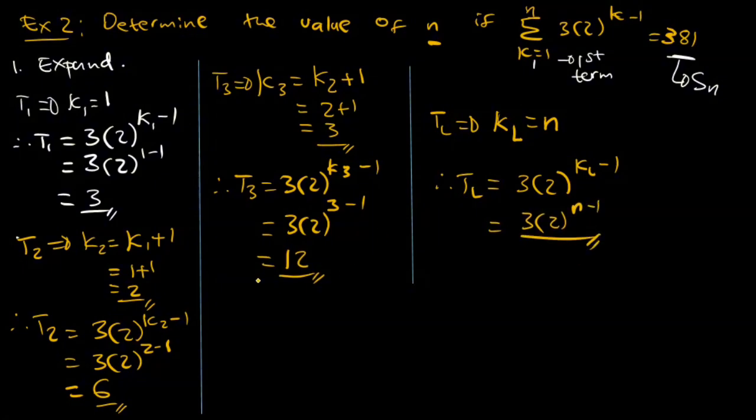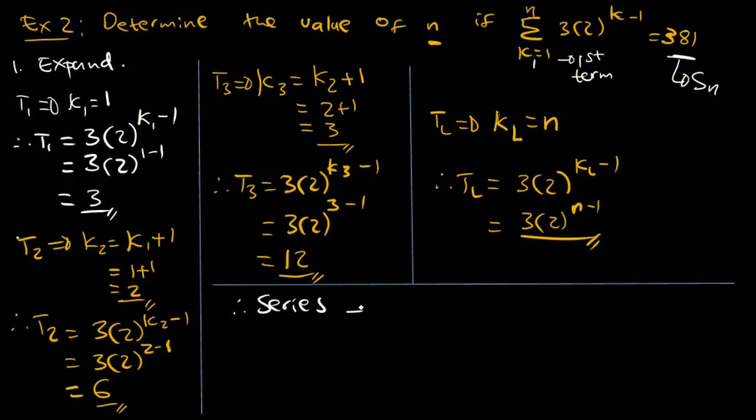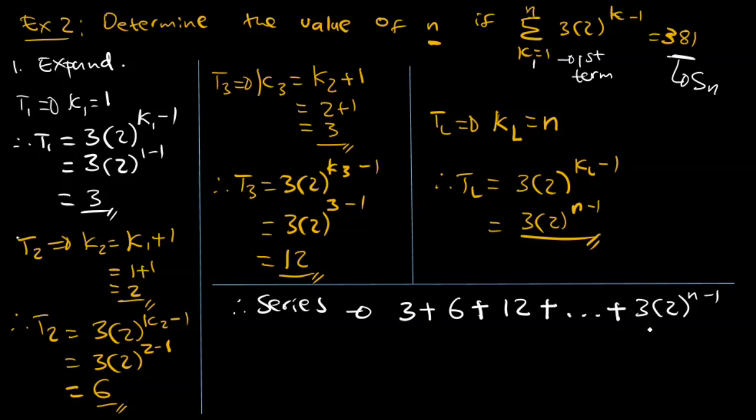Therefore, our series will be term 1, which is 3, term 2, which is 6, term 3, which is 12. I don't know what is in between, up to the last term, 3 times 2 to the power N minus 1. So this is my series.